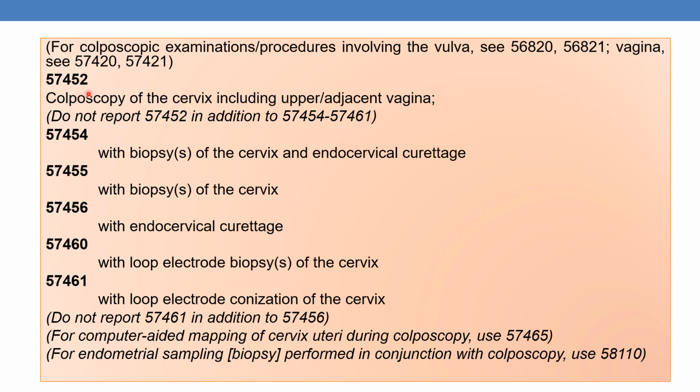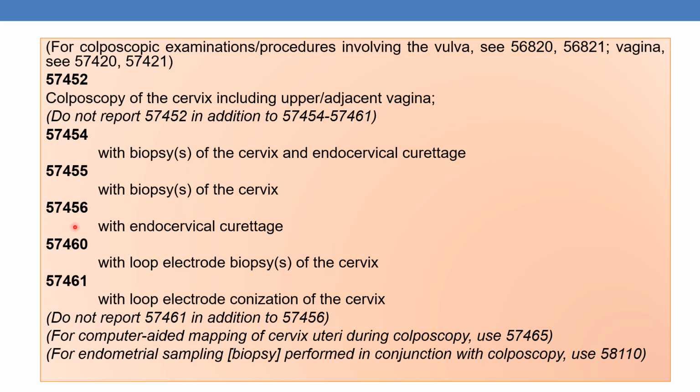Coming to the first CPT, 57452, colposcopy of cervix including the upper and adjacent vagina. The next is 57454, colposcopy of cervix with biopsy of cervix and endocervical curettage. The next is 57455, colposcopy of cervix with biopsy of cervix.